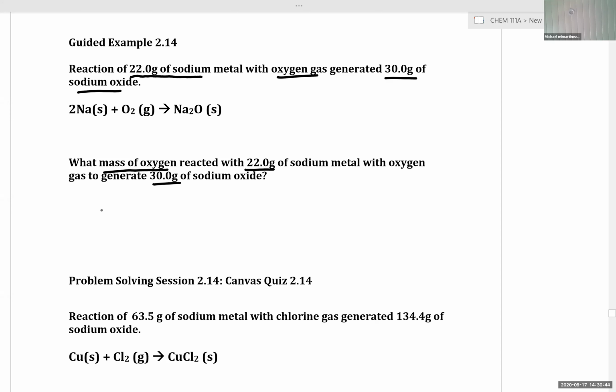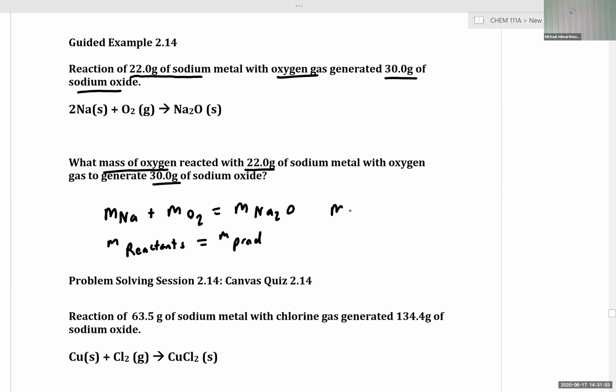So we know that the mass of sodium plus the mass of oxygen must equal the mass of sodium oxide. The mass of our reactants must equal the total mass of our products.